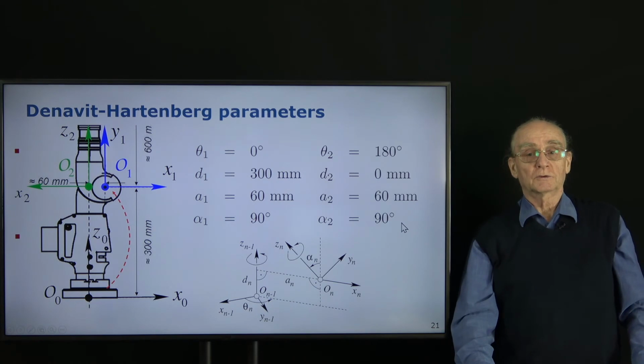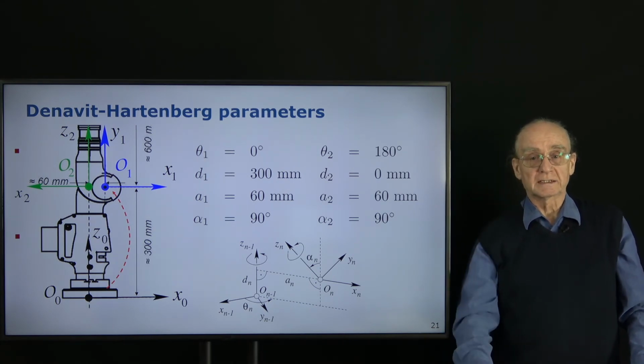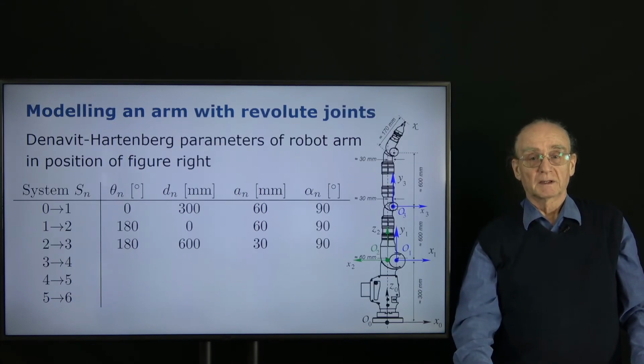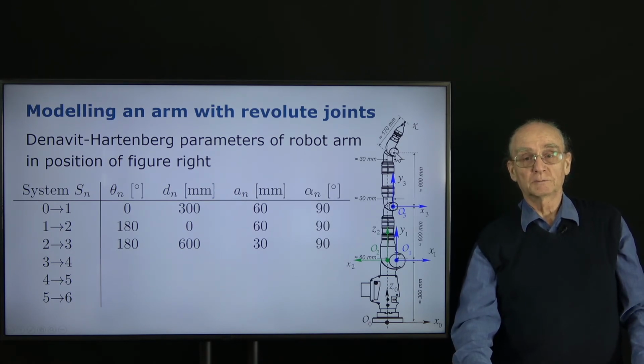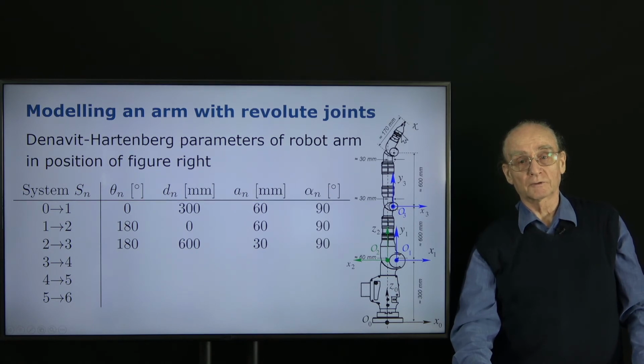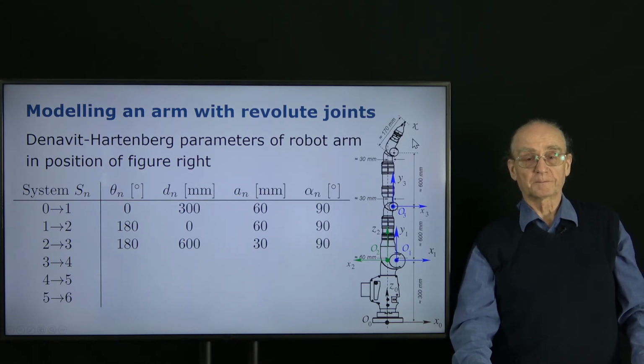So this way you can go through all the 6 coordinate systems. And of course, at the end, we have the transformation between this coordinate system and the coordinate system of the measuring part here. So we will have a certain degree of freedom here with the definition of the coordinate system in this part.